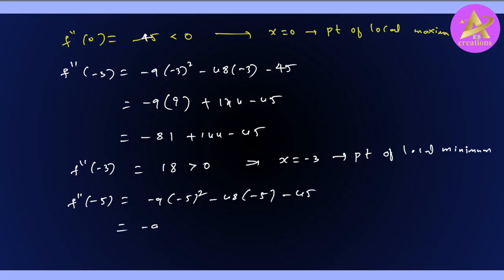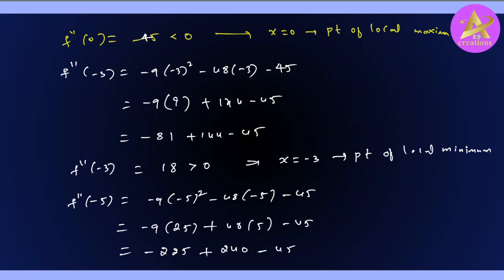That is minus 9 times 25, which is minus 225, plus 48 into 5, which is 240, and minus 45.